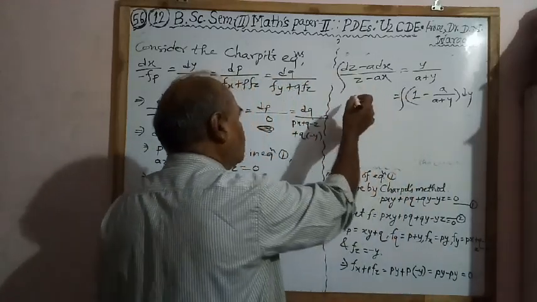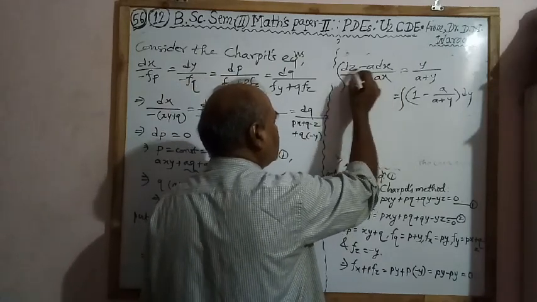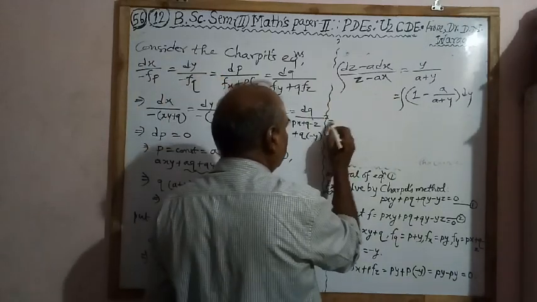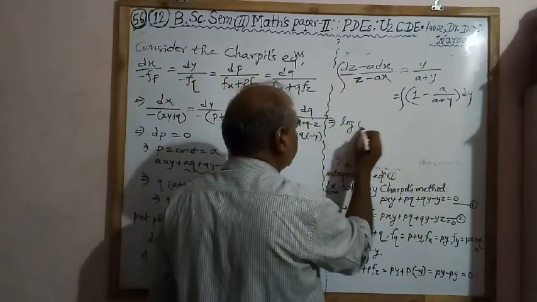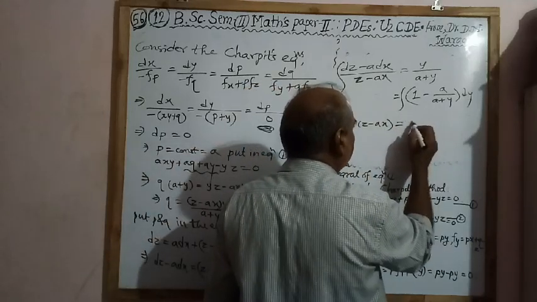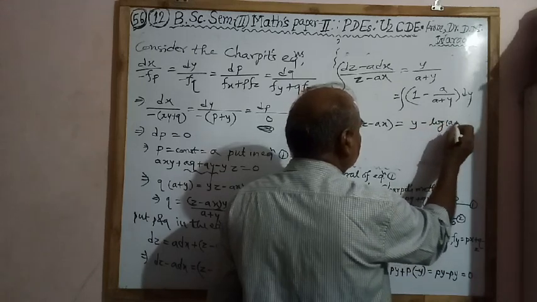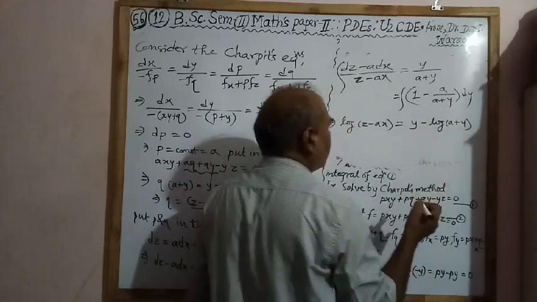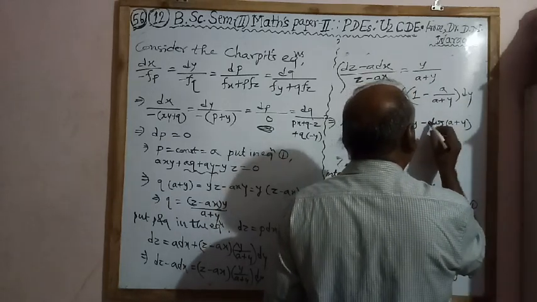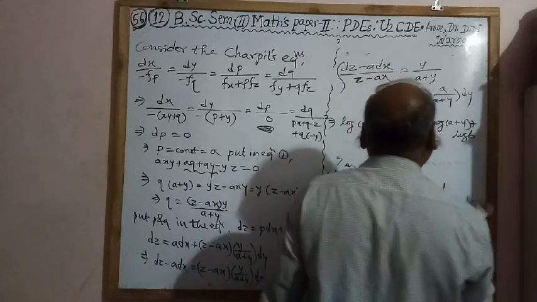you can observe that the derivative of z minus ax is dz minus a dx, which is in the numerator. Therefore we have the integration as log of the denominator on the right hand side: y minus log of a plus y to the power a, plus log of b.